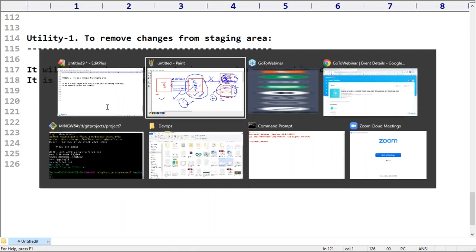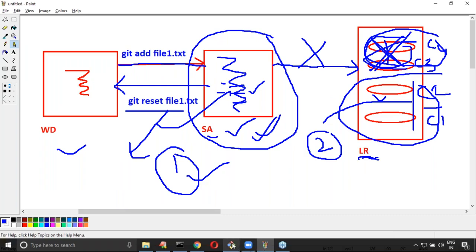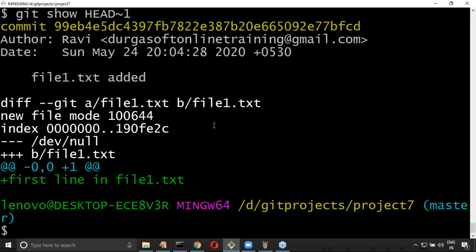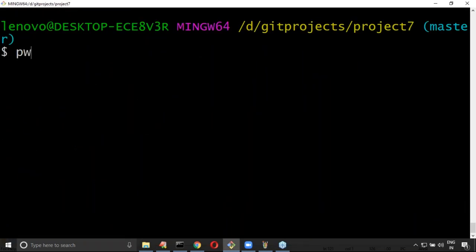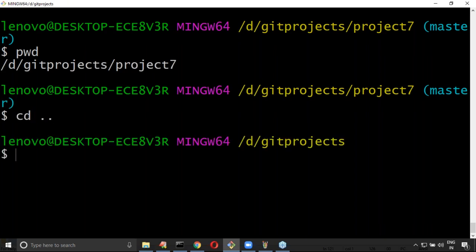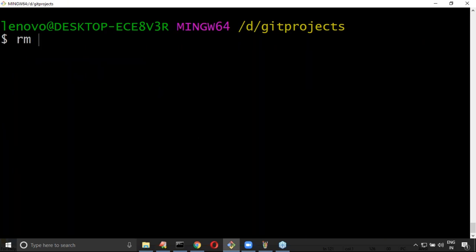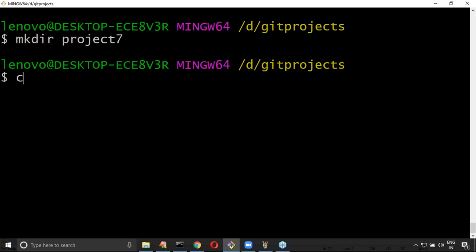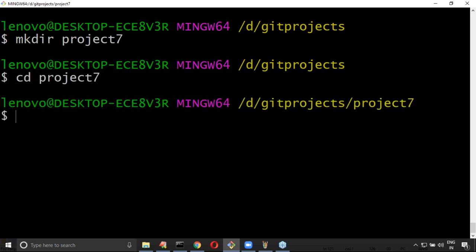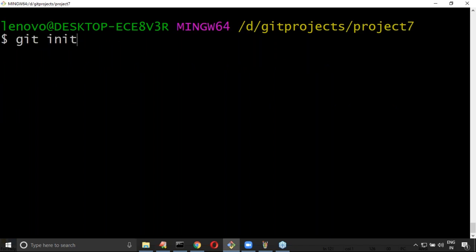Now let me talk about a small example. Just observe that. pwd. Let me remove this project: rm -rf project7. Then let me create mkdir project7. The same project I'm trying to create. Now cd project7, then git init.